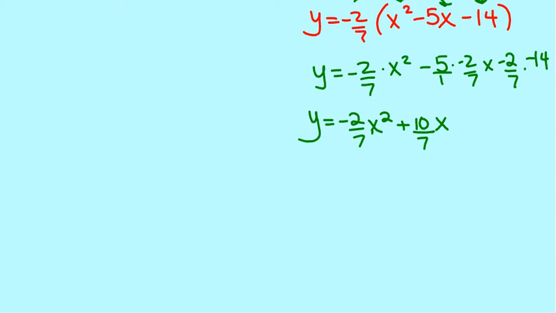X, multiply across, or you can reduce this. The 7 and 14 become a 1 and a 2 when you divide by 7. Now we multiply across. Negative 2 times negative 2 is positive 4. Now this quadratic equation is in standard form.